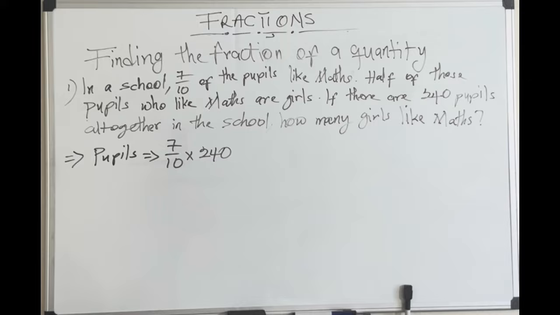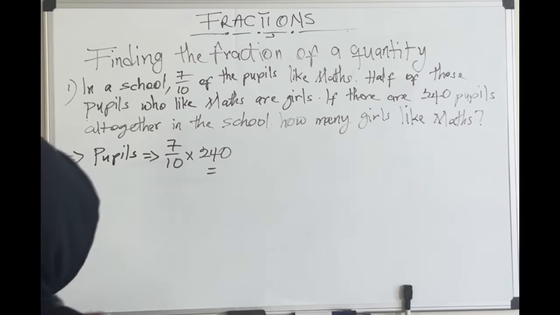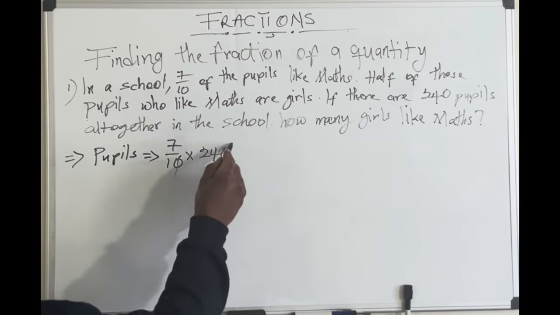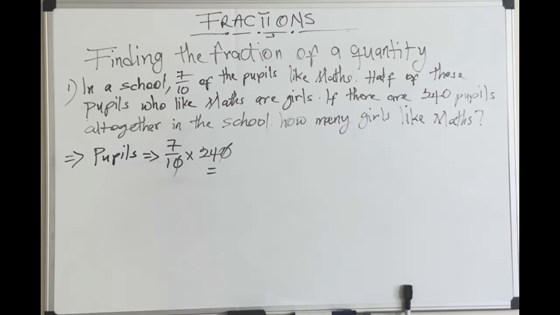Then you work this out. Here you can do some cancellation, and then 7 times 24 is 168.